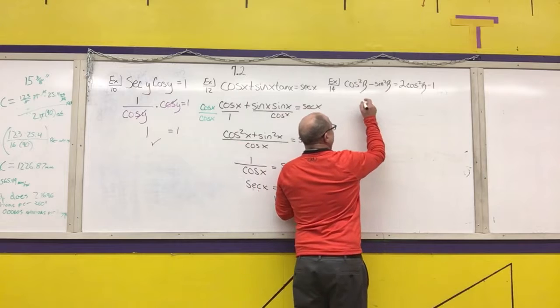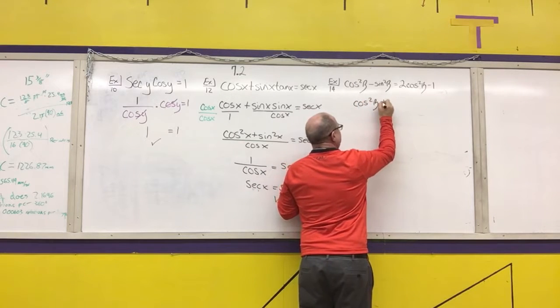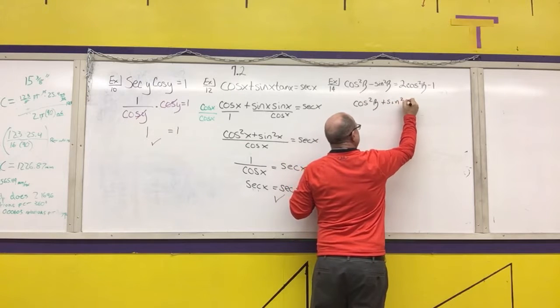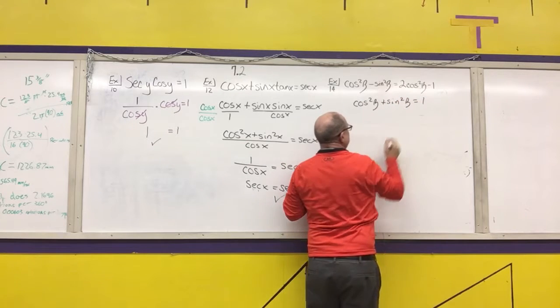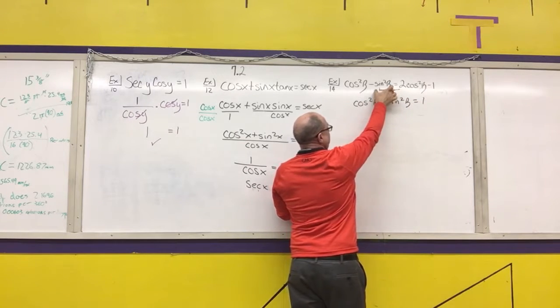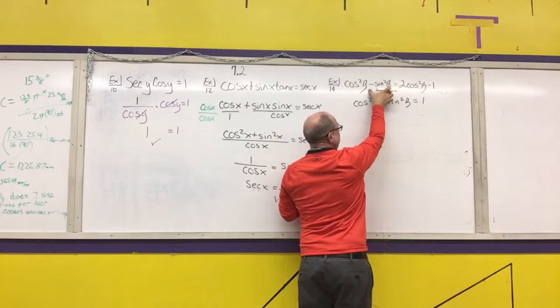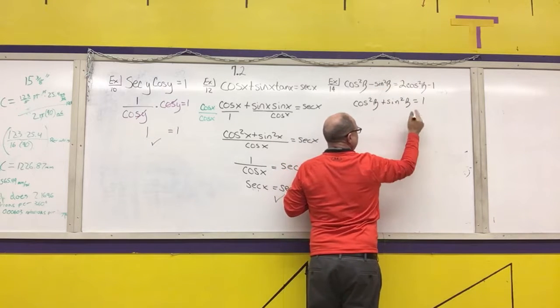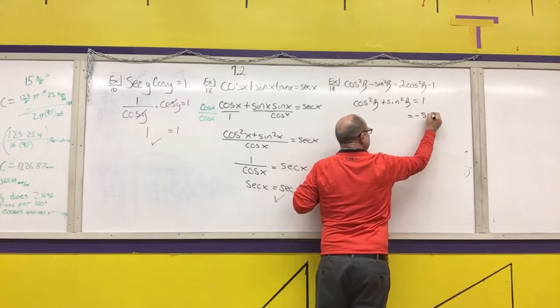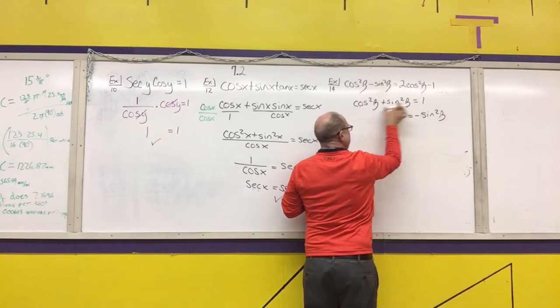So for a refresher, I know that cosine squared beta plus sine squared beta is equal to 1. Well, I want to know what negative sine squared beta is. I'm going to subtract sine squared beta. Subtract 1.